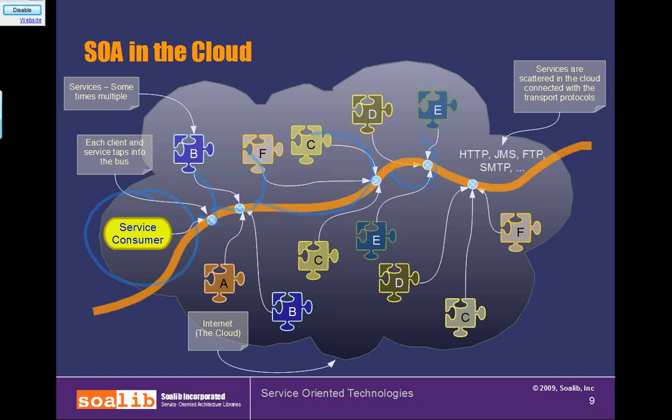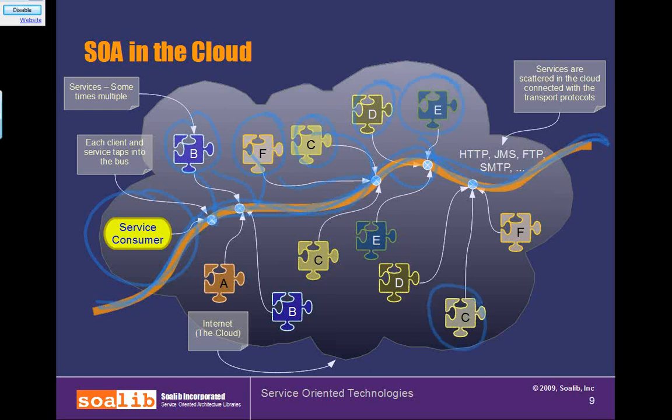Now, this line is an imaginary line. This is an imaginary connectivity pattern. It may be thought of as some kind of bus, which we will discuss later as the enterprise service bus. This is an imaginary bus to which each of these services connects in order to provide the services.